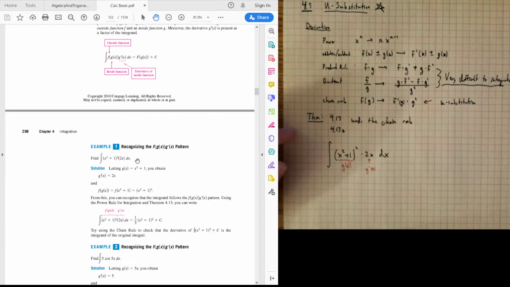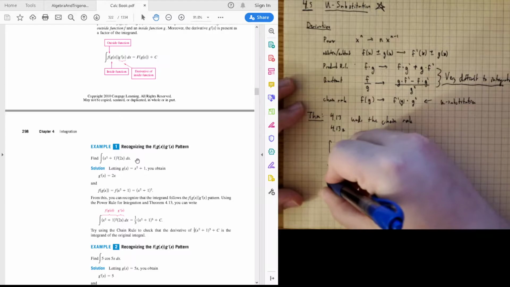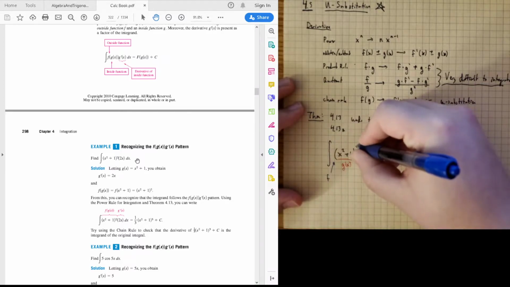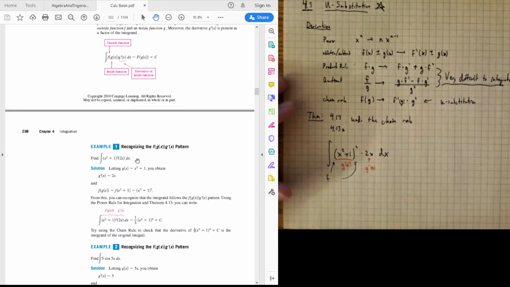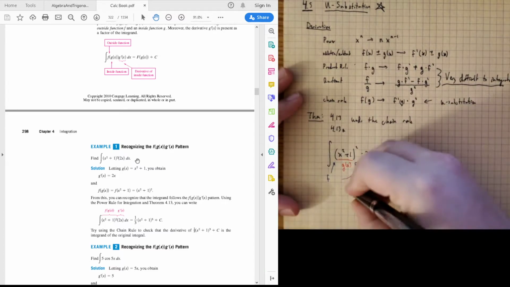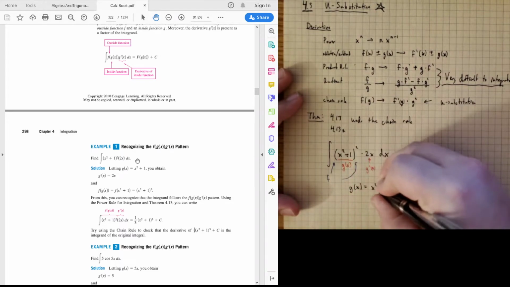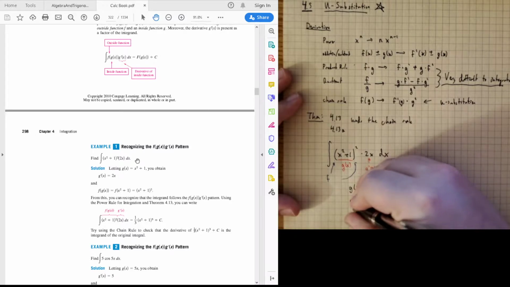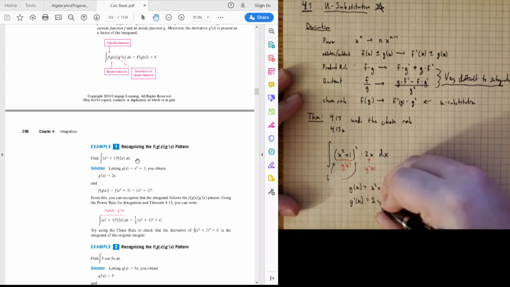The next thing comes, well, where's f? Turns out f is these parentheses, which contain a square. So you can clearly see we have an outer function and an inner function, where in this case, my g of x is equal to x squared plus 1, and my g prime of x is equal to 2x.